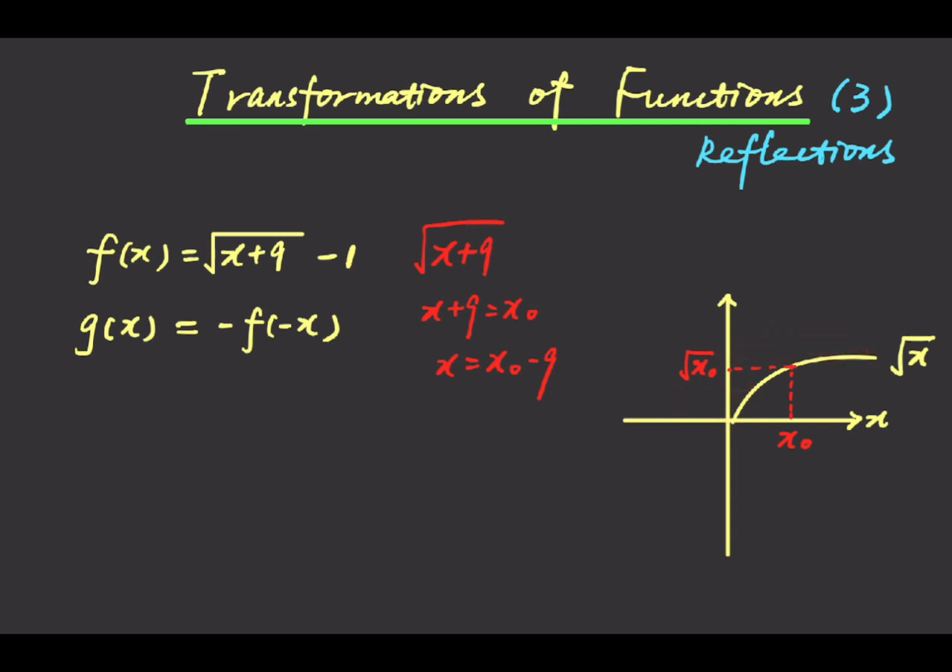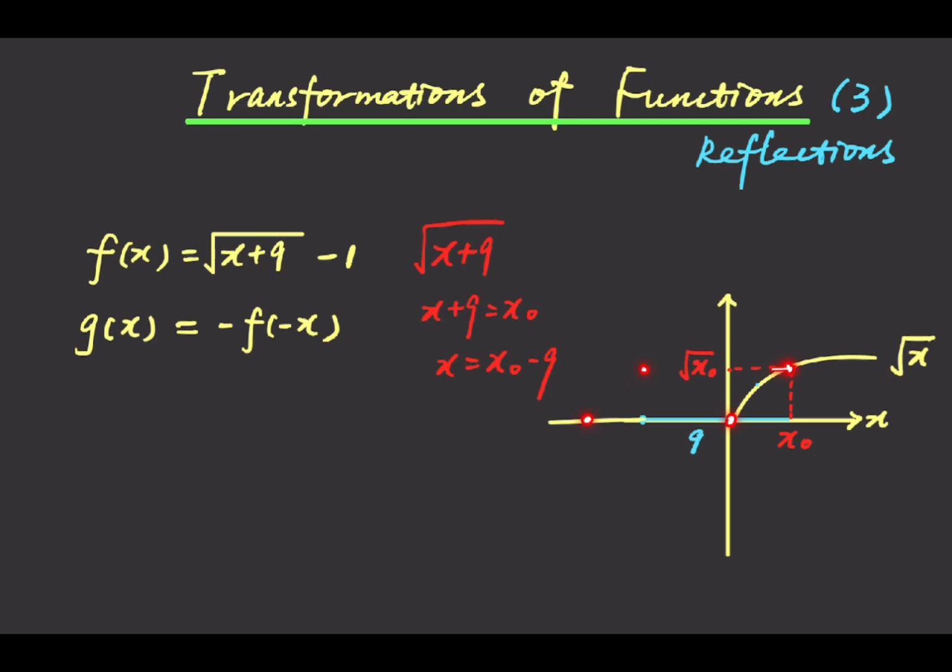Then we can get the new graph. Here you need to know it is 9. This one, we also need to move to the left side. That is to say, this point should be here. This point should be here. This point should be here.